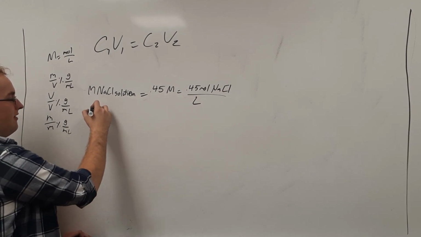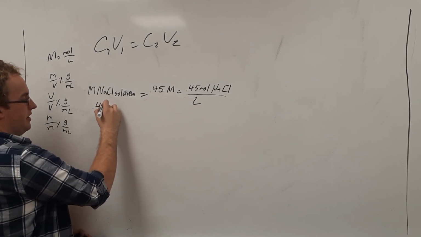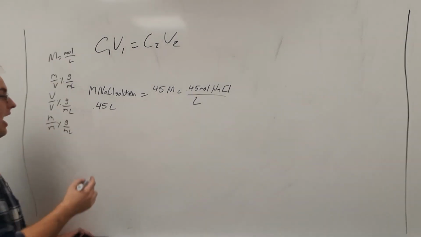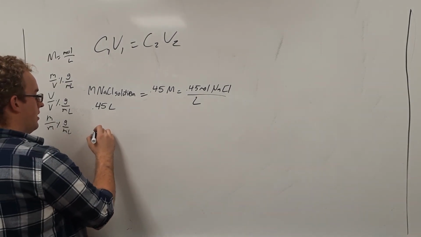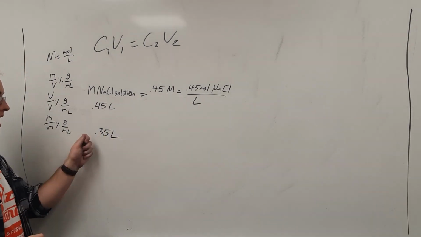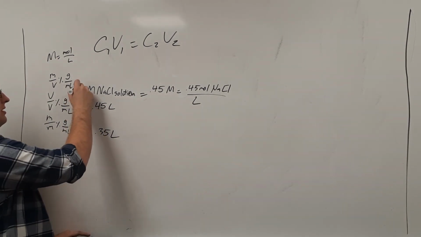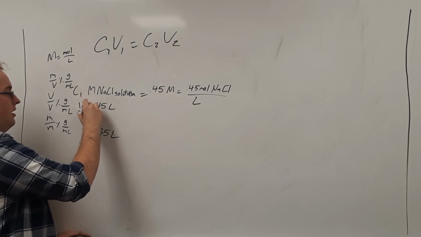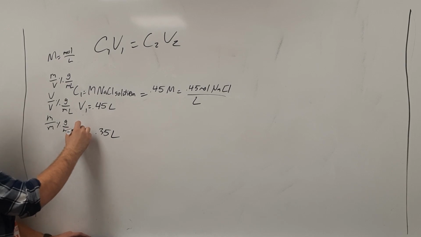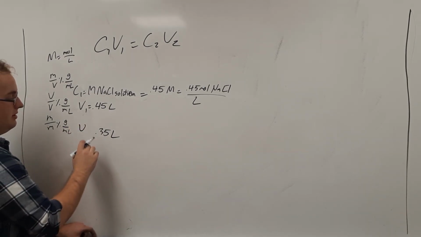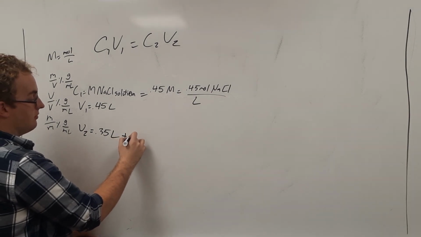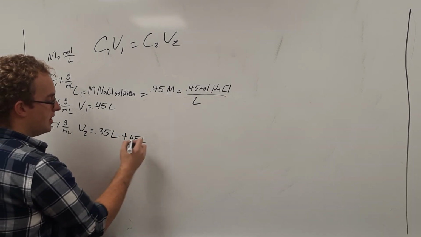Now let's say we have 0.45 liters of this at the beginning. Then we go along and we add 0.35 liters of water, right? We added this much amount. So this is C1, this is V1. You might be tempted to say we add 0.35 liters, this is V2. That's not V2. We need to make sure to do 0.35 plus the original volume, like that.